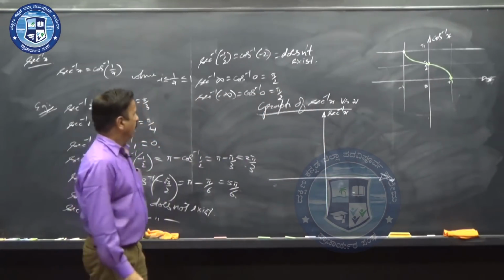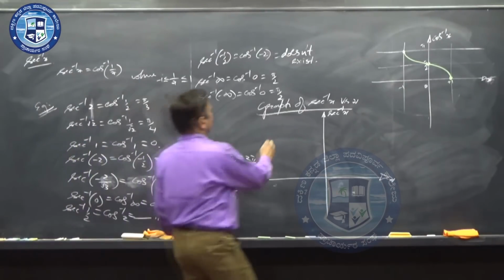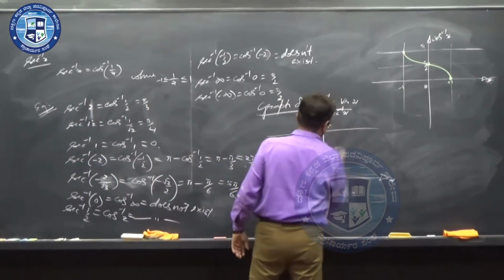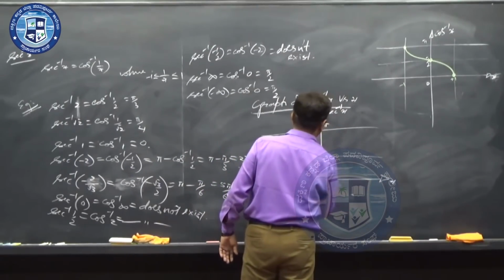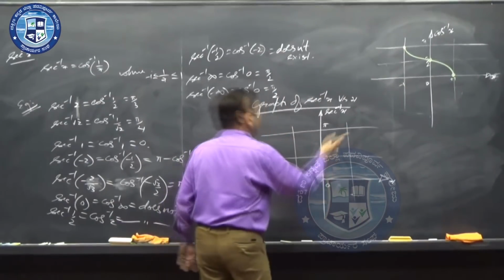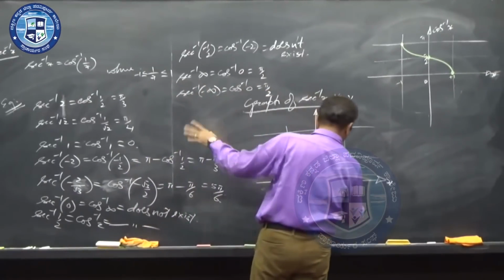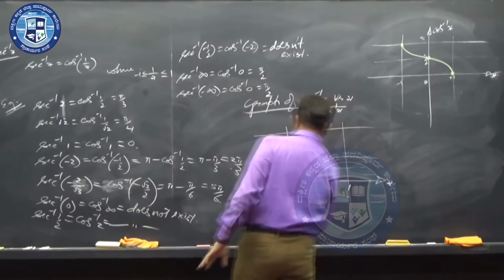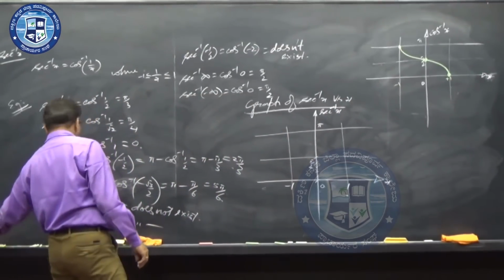Out of this analysis you find that the maximum value is pi over there, and this is 0, and pi by 2 is somewhere here. With reference to cos inverse x, we knew x equals 1 and minus 1. In secant inverse, we don't know, we will analyze. This is 1, this is minus 1. Okay, step by step.